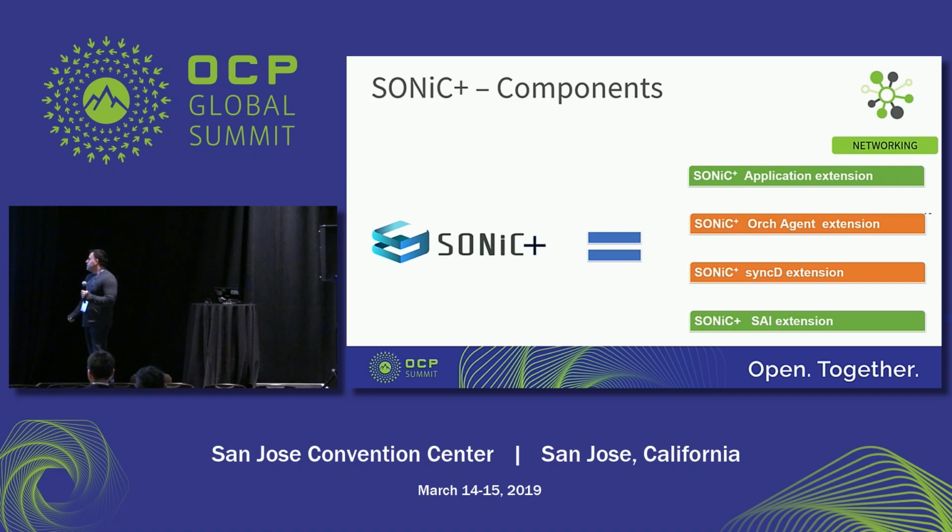Second, after we write a new application, it may affect the way we want to configure the silicon. As a result, we need to modify or enhance orchagent as well. By doing that, since it may require some new ASIC configuration, we may need to extend and modify syncd as well.